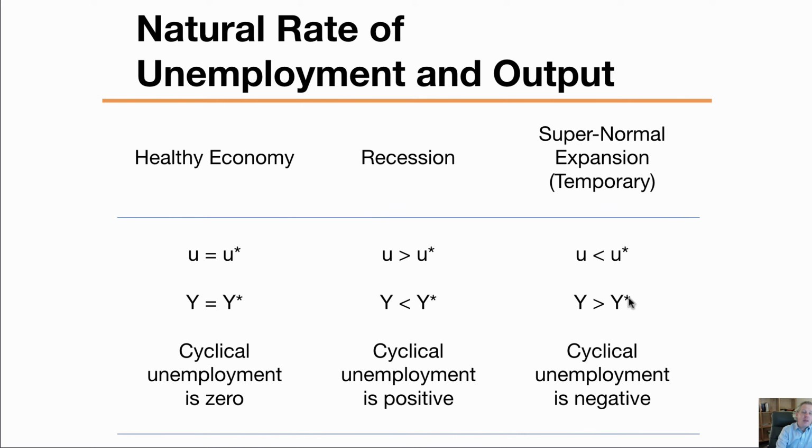Output in the economy will be even higher than the full employment rate of output, or the natural unemployment rate of output in the economy. So this cyclical unemployment is actually negative here, because the economy is doing so well that some people who would normally be structurally or frictionally unemployed are now being employed.